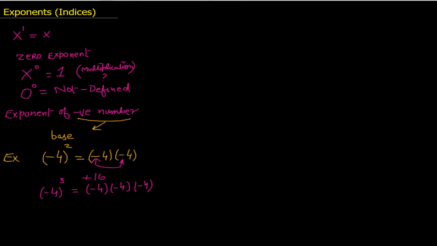These two minuses will make it plus, so plus 16, and then this -4 stays there. Now plus multiplied by minus is a minus sign, and 16 into 4 is 64. So minus 64 would be the answer.